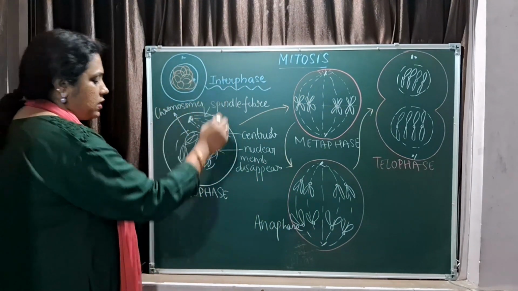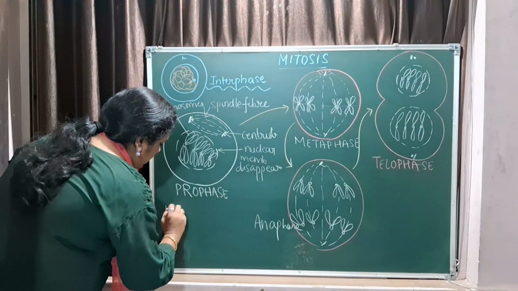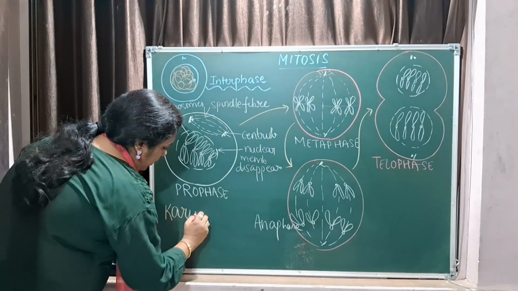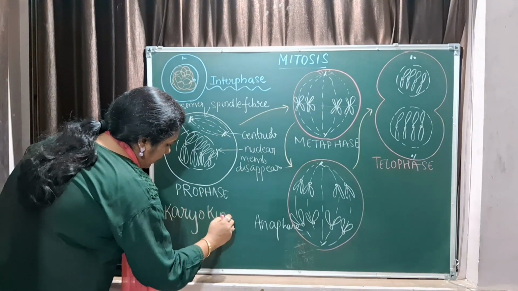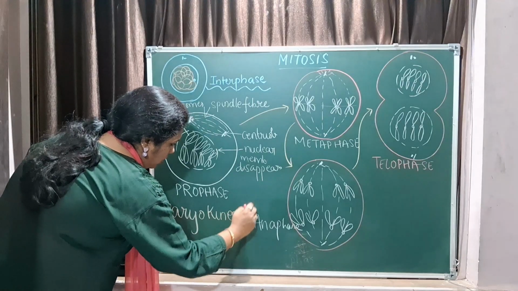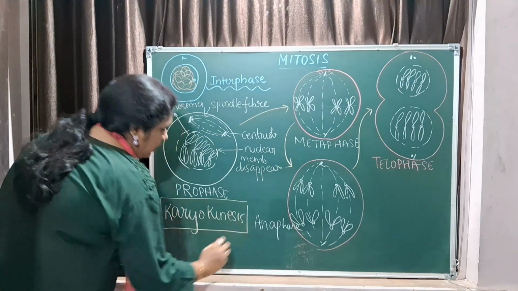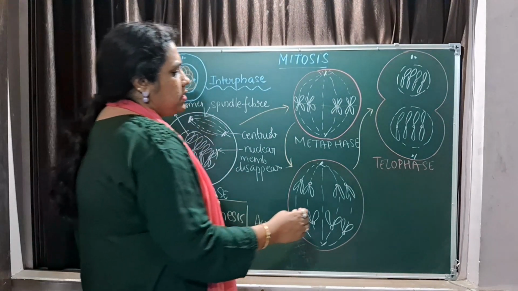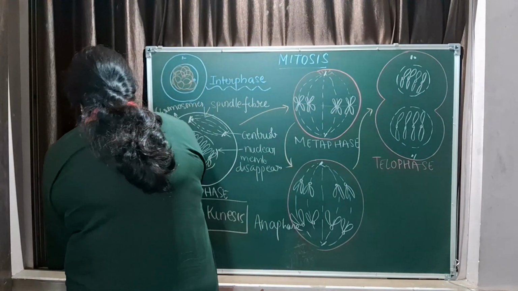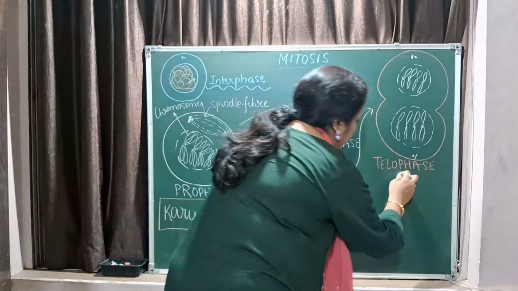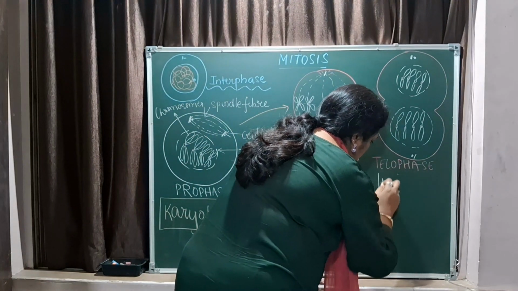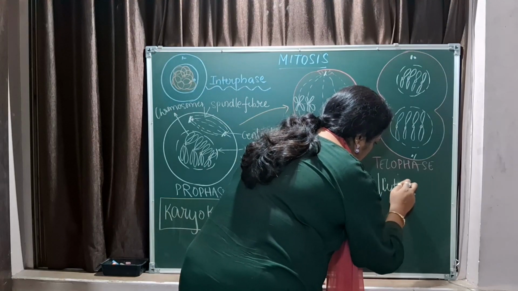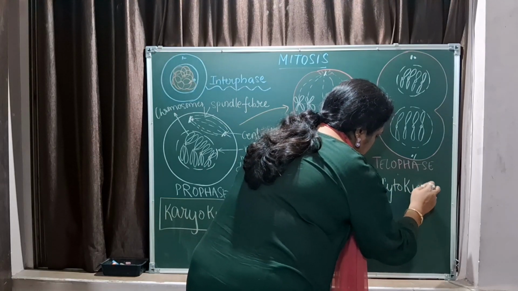This process is termed as karyokinesis. This entire process what I have done on the board is karyokinesis, that is nuclear division. After karyokinesis, the next step is cytokinesis.